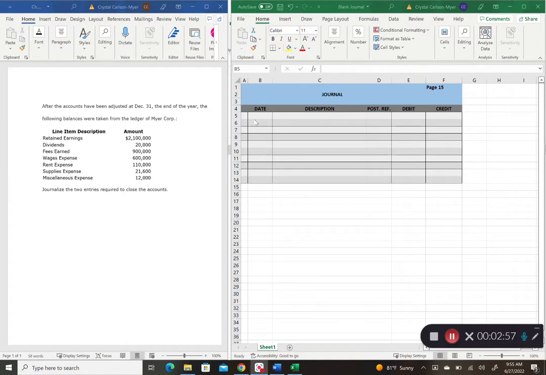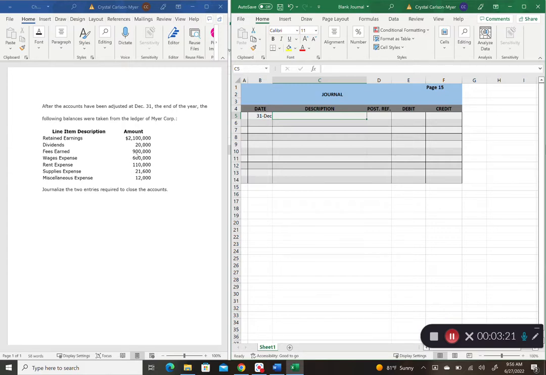So I want to go through and close out these particular accounts. The date that we're doing this is as of the end of the particular calendar year or fiscal year, depending on which type of year the company uses. They are using the calendar year, so they're going to close out their accounts at the end of the year. All right, so put in the date. I want to close out my fees earned first because it has a credit balance and our debits need to go first.